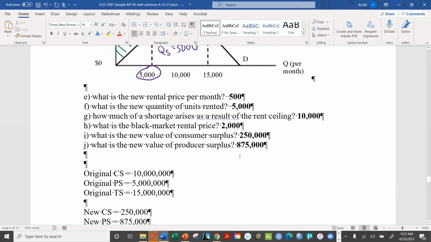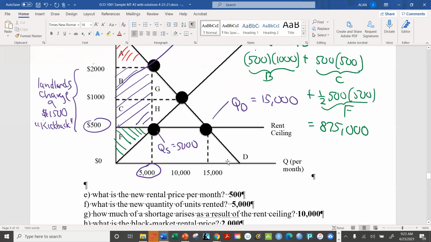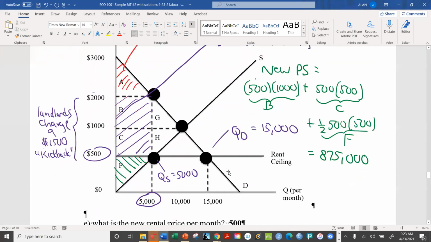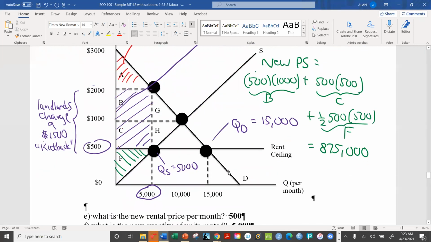No, something's not right. Hold on a second. I think there's a mistake in here somewhere. I knew it couldn't have fallen that much. Let me try that again. 1,000 times 250 is 250,000. No, that's fine. I think the producer surplus is off. It looks like too much.